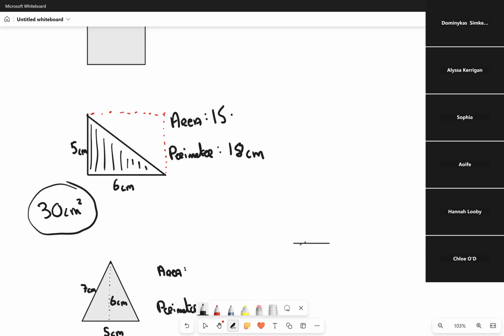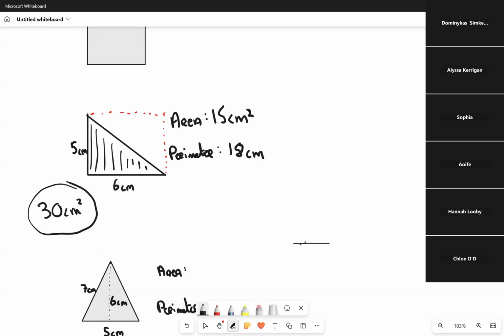15, good. Centimeters cubed, or sorry, centimeters squared. Now, if you were to give me a formula for the area of a triangle, what do you think that formula would be? Bearing in mind, the formula for the area of a rectangle is length multiplied by height, or length multiplied by width.